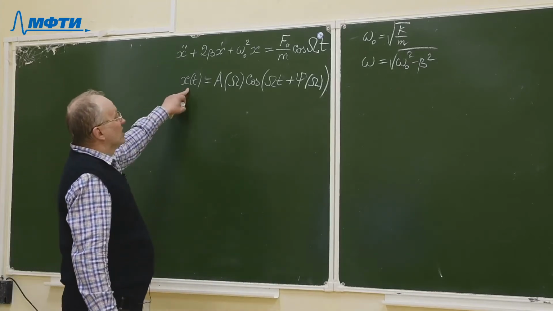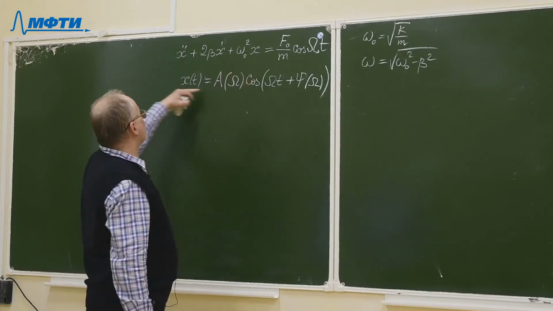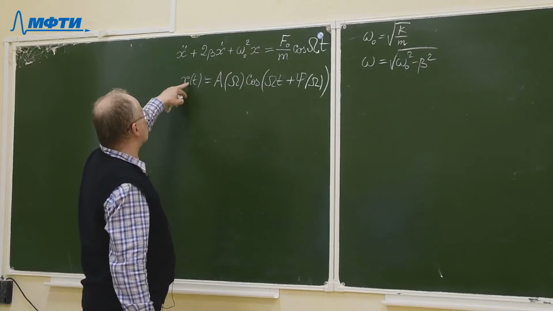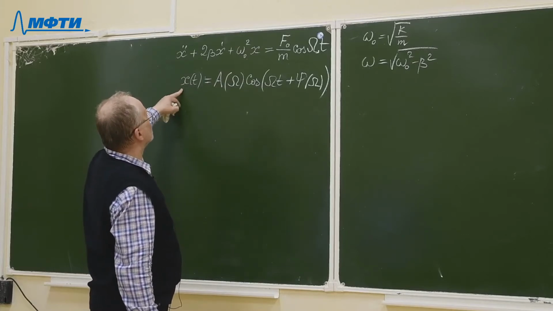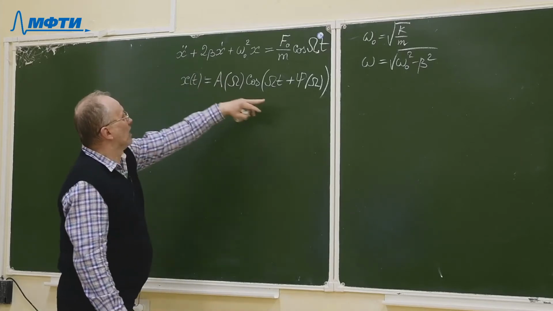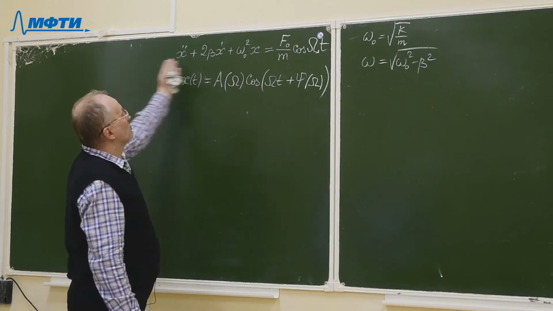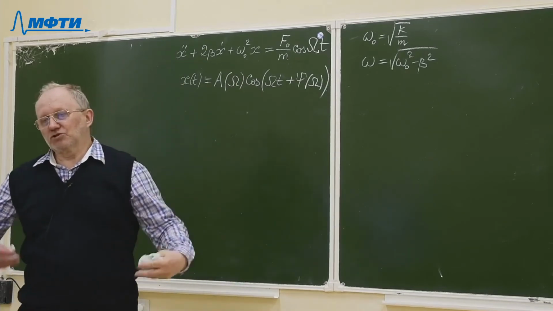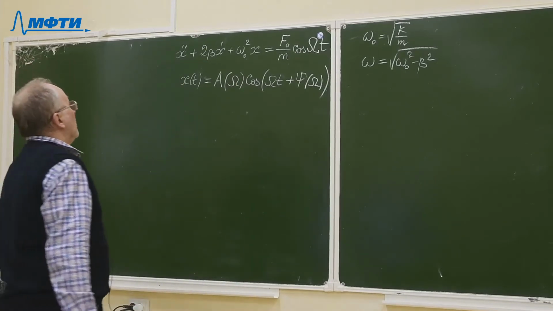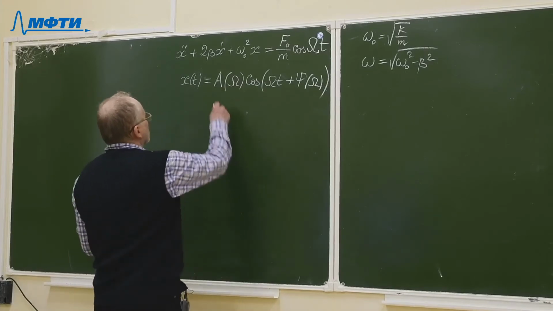You may take this function and substitute it here for x, and you may take a derivative of this function with respect to time and substitute the derivative for x dot, and you may take the second derivative of this function and substitute it for x double dot, and you may consider this solution mathematically, and you will finally obtain the expression for this very interesting function.